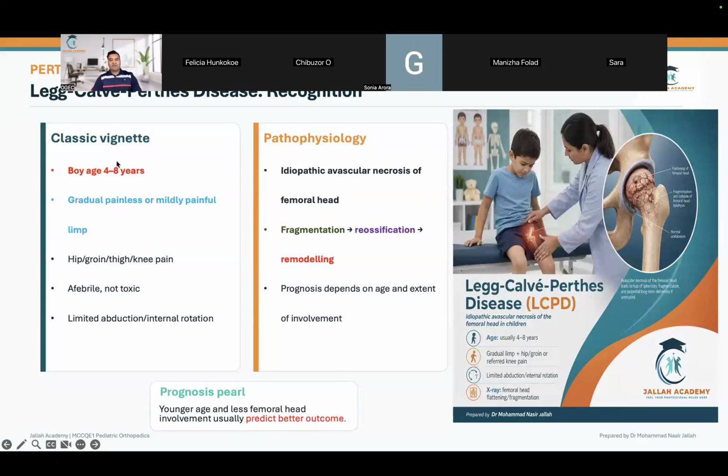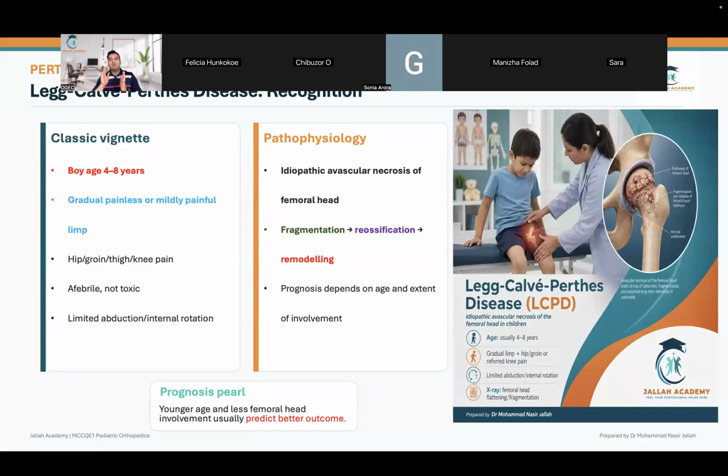Classic vignettes, or the clinical vignettes that they might give you. They might give you somebody who is between the age of 4 to 8. For example, a boy age 4 to 8 with gradual painless or mildly painful limp, as opposed to slipped capital femoral epiphysis, which is going to be very painful.